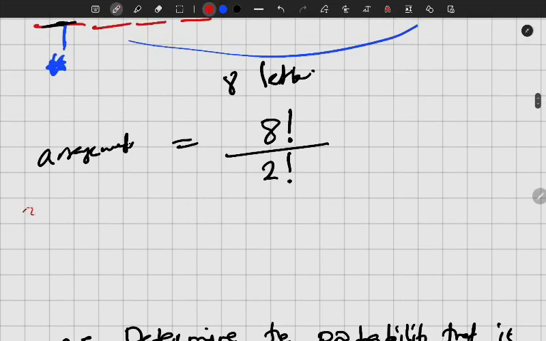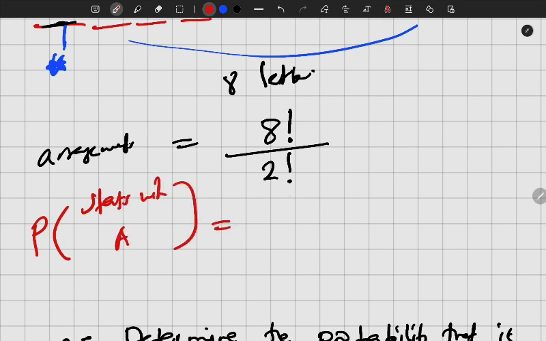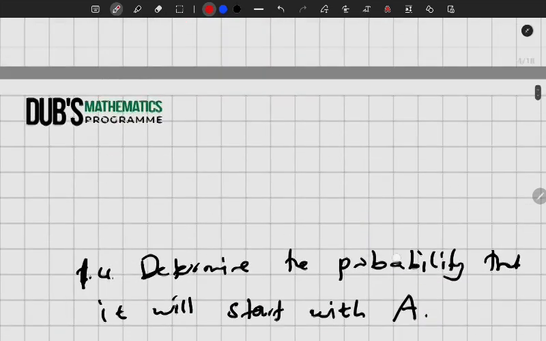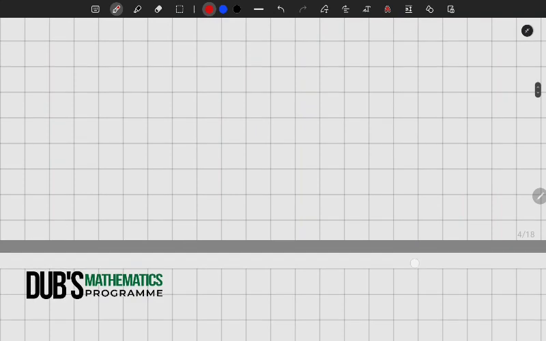Now to the probability. I wrote it in full. The probability that it starts with A will be 8 factorial over 2 factorial, divided by all possible arrangements, which is 181 over 440.